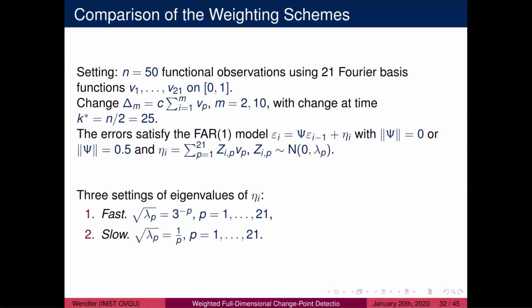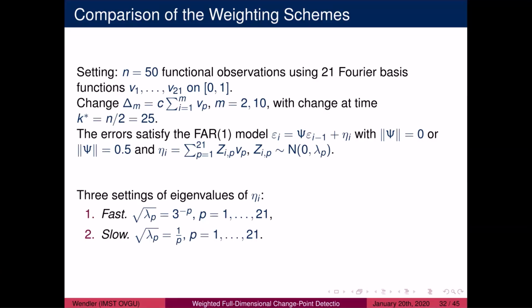Okay, we have a change after 50% of the data. Under the alternative we have a change; under the null hypothesis, we have no change. We have a functional autoregressive model, where the noise process has a covariance structure with independent normals, but the variance of these is not the same.